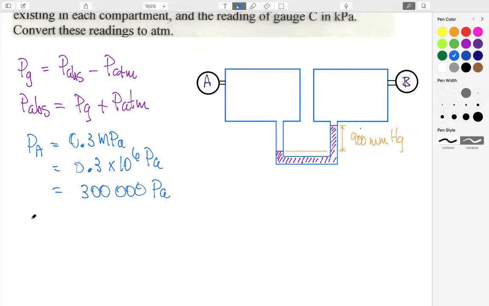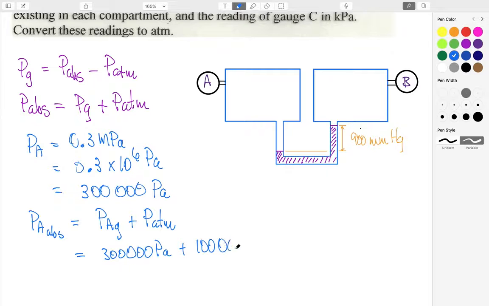If we want the pressure at A absolute, we need to take the pressure at A that the gauge is reading and add to it the pressure of the atmosphere. Well, that was given to us. So we have our 300,000 pascals plus another 100,000 pascals. Now you might say, where does that come from?